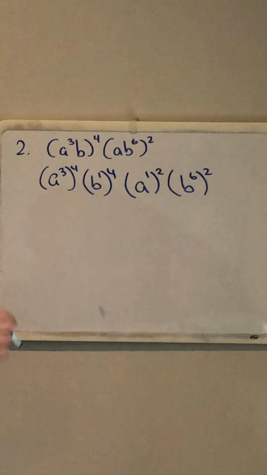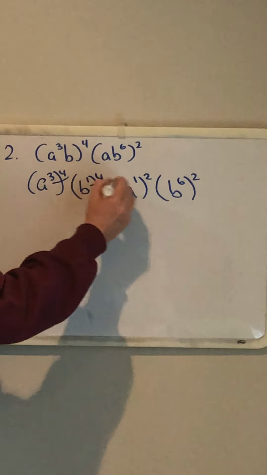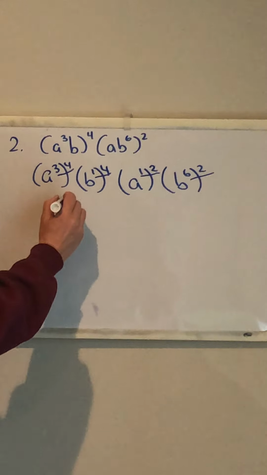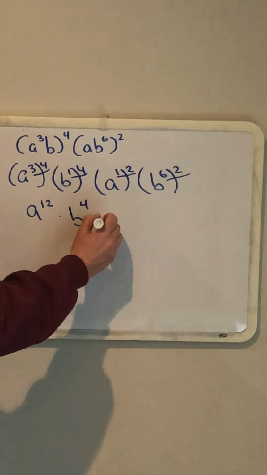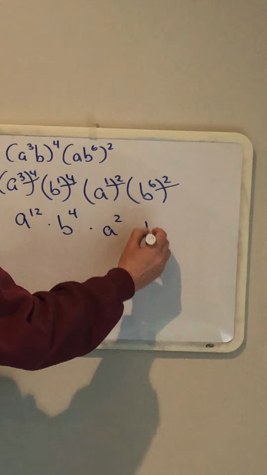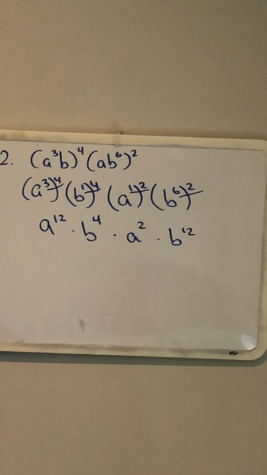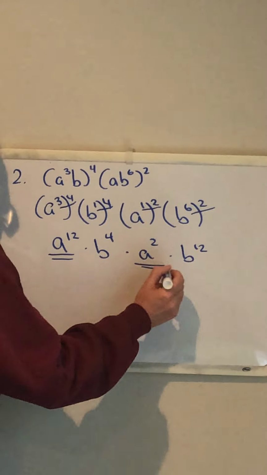Now you've created a situation with an inner and an outer exponent. Inner and outer exponents get multiplied. So now you have a to the 12th times b to the fourth times a to the second times b to the 12th. And once you get to this point, you see that here are two a's being multiplied.